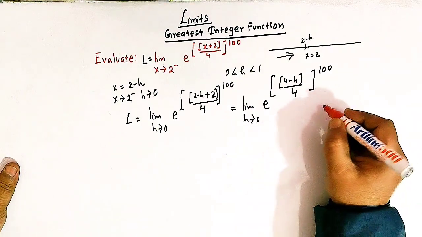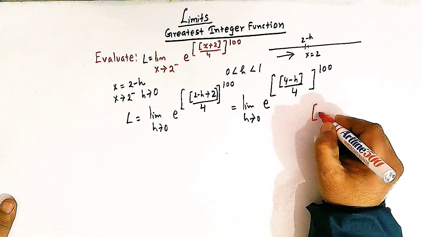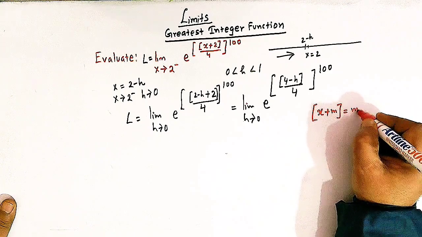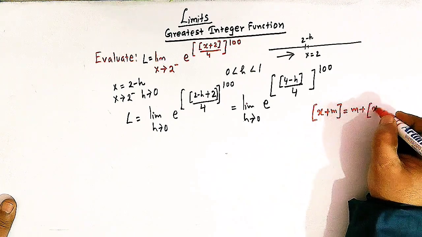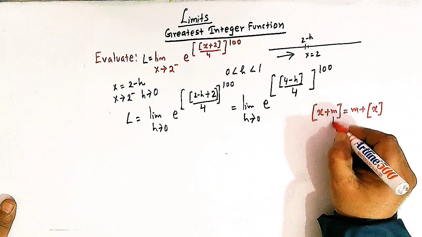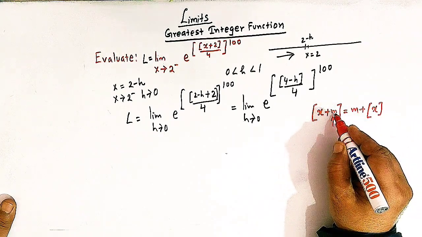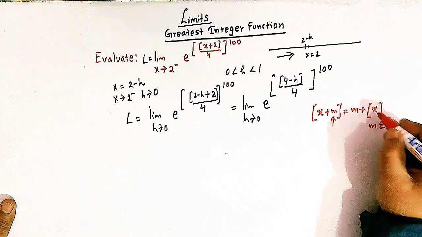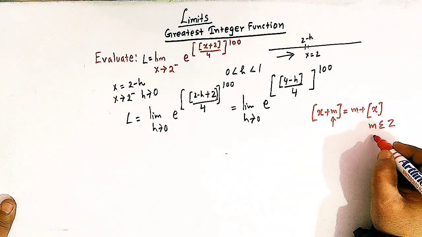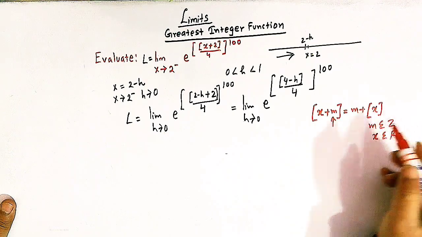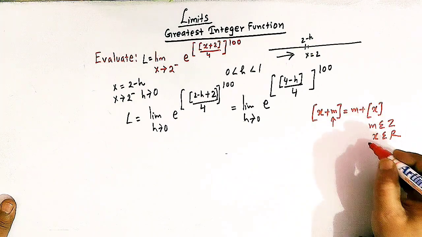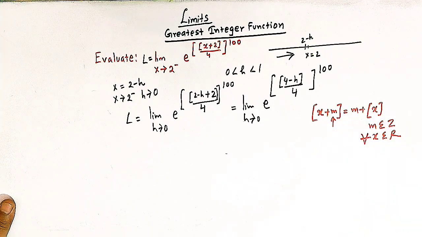So the first property is: greatest integer of (x plus m) is equal to m plus greatest integer of x, where m belongs to the set of integers and x is a real number, for all x belonging to the set of real numbers.